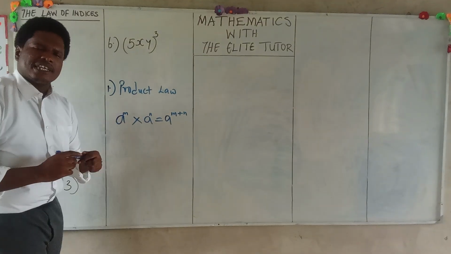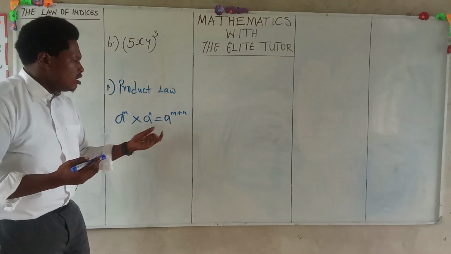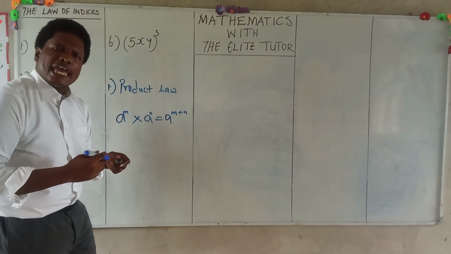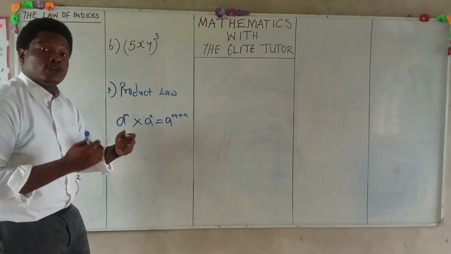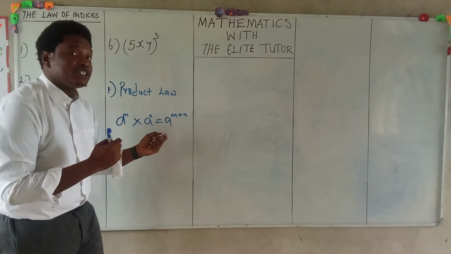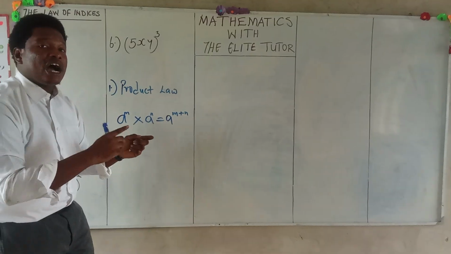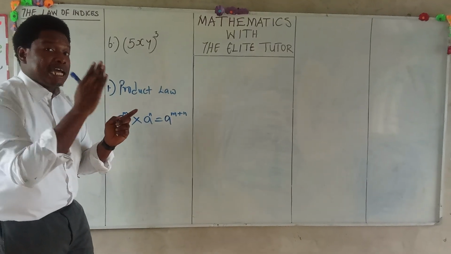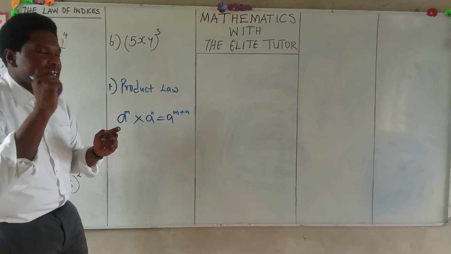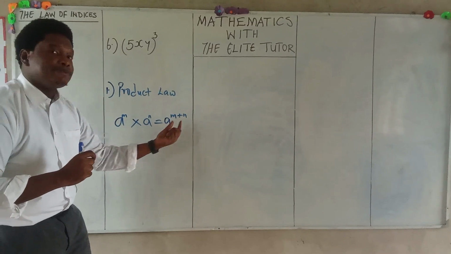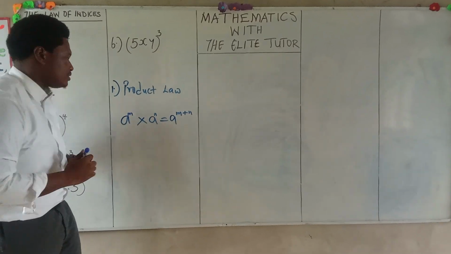The answer is not mn. No. m plus n can be added. Why? Because they are not like terms. But when we have m times n, it is mn. We can't add the powers because they are not like terms.